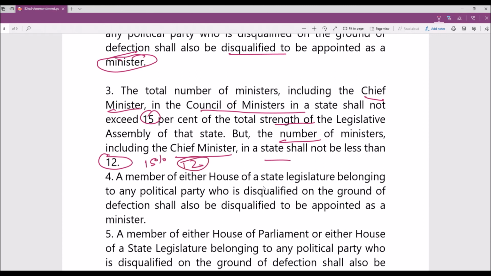A member of either house of the state legislature belonging to any political party who is disqualified on the ground of defection shall also be disqualified to be appointed as a minister. So if anybody is disqualified on the ground of defection, he cannot become a minister, both in the center and the state.